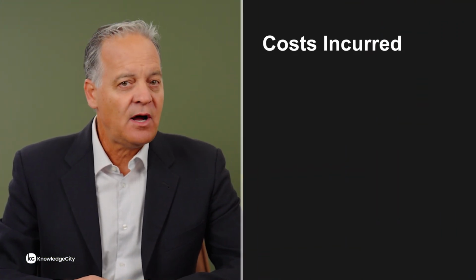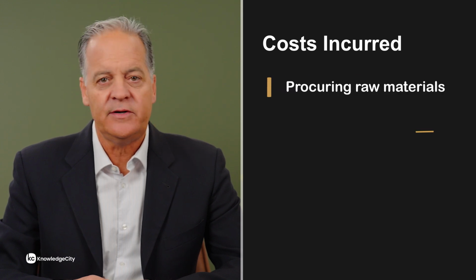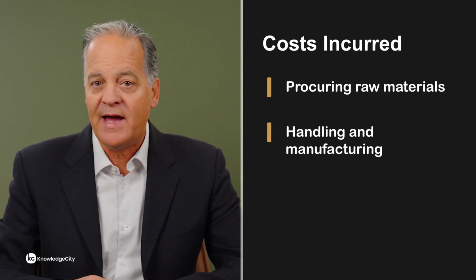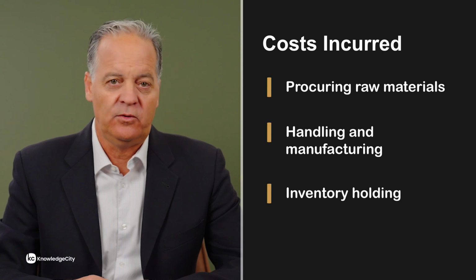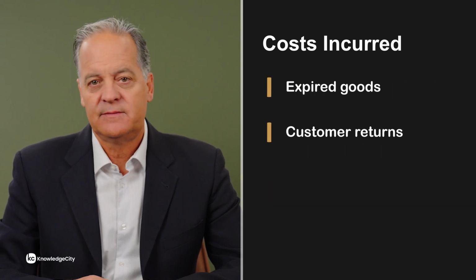A few financial and performance measures help define success within supply chain planning. These are associated with reducing costs and increasing profitable production output. For instance, some costs incurred include the costs of procuring raw materials, handling and manufacturing, inventory holding, expired goods, and customer returns.